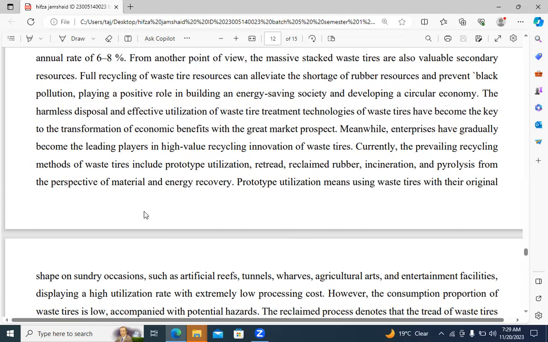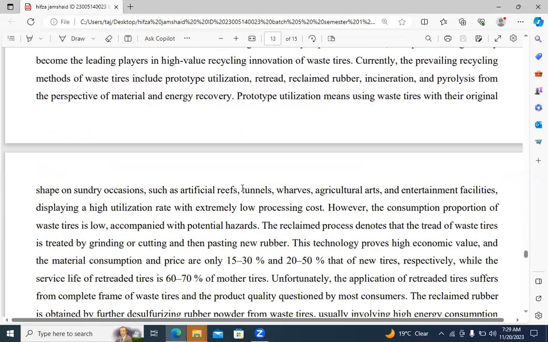First of all, for recycling, we also have to recycle that waste tire. The recycling methods of waste tire include prototype utilization, retread, reclaimed rubber, incineration, pyrolysis for prospective material, and energy recovery. What is prototype utilization? We will discuss all the terms in detail.